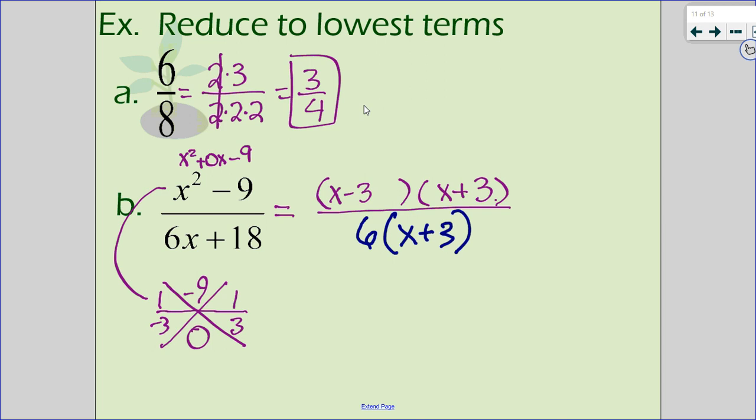So now, if we look at my initial example, what I did is I factored and I canceled out common factors. Are there any common factors in the numerator and the denominator? Yes. x plus 3, good. So I'm going to cancel out x plus 3. So my reduced fraction is x minus 3 over 6.